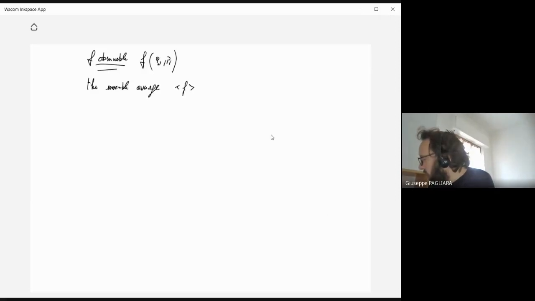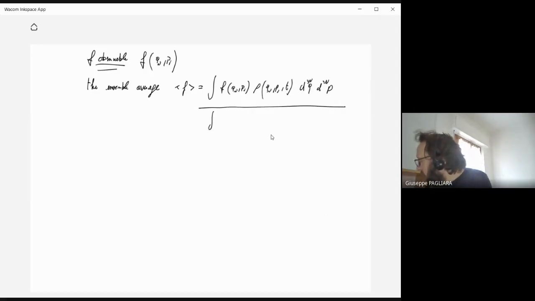I have the function f, the observable, a function of qi and pi. Then I have the distribution function rho of qi, pi, and t, d3nq d3np, divided by a normalization, which will be the integral of rho of qi, pi, t, d3nq d3np.